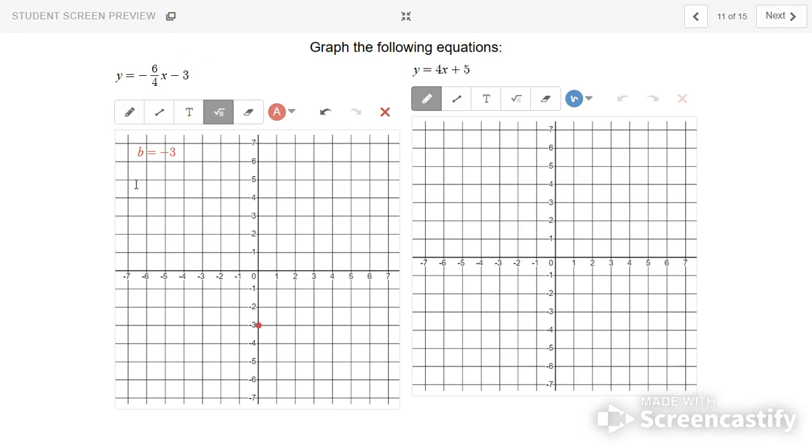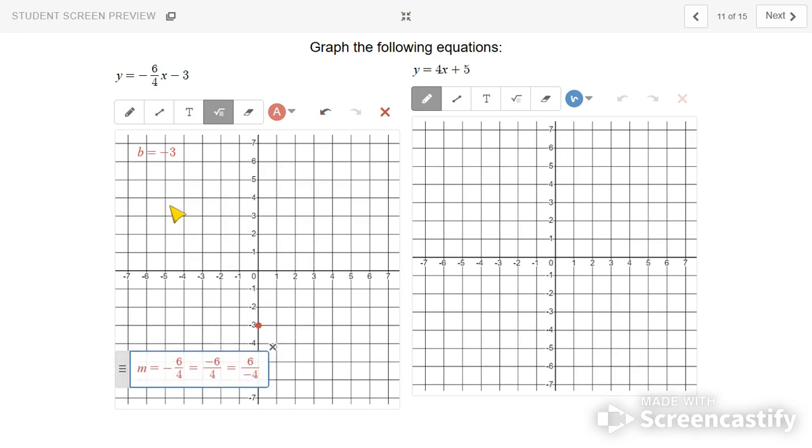Second thing we have is slope equal to -6/4. Now, if I have -6/4, we know that the negative sign could either go on the top or the negative sign can go on the bottom. So each of these would give us two different ways of seeing things.